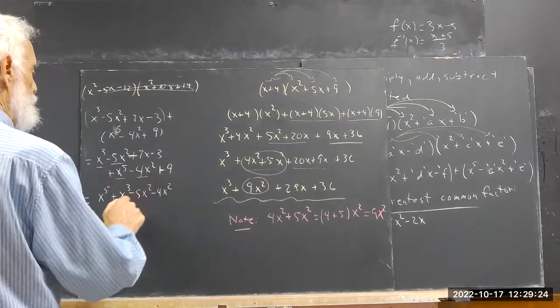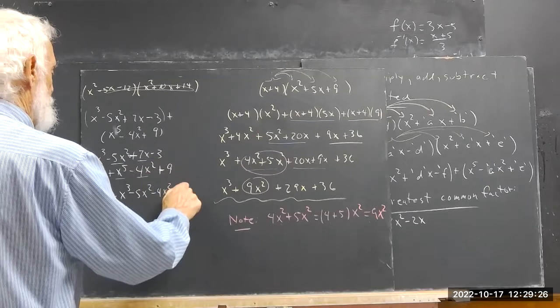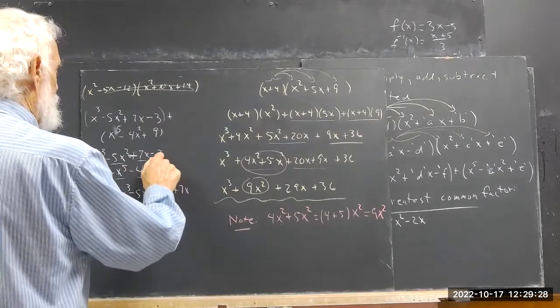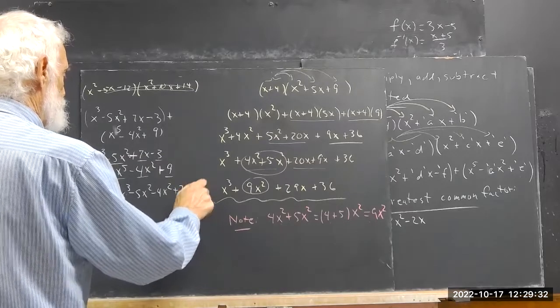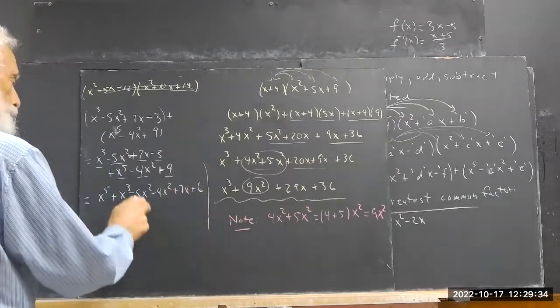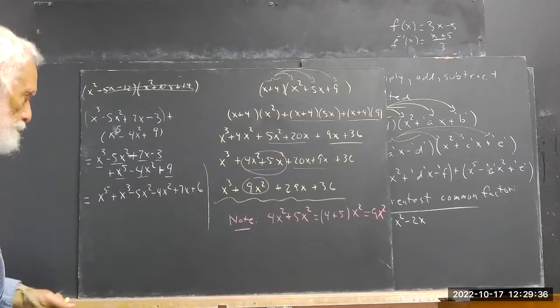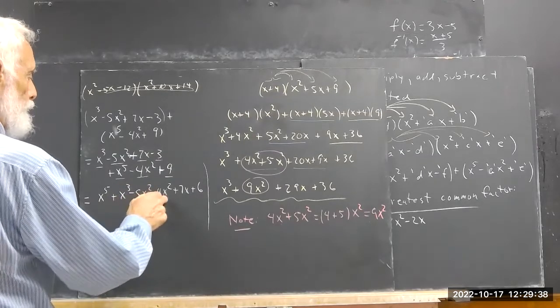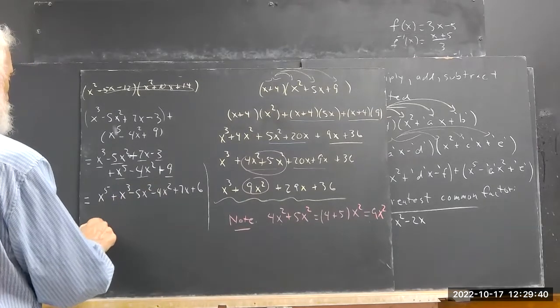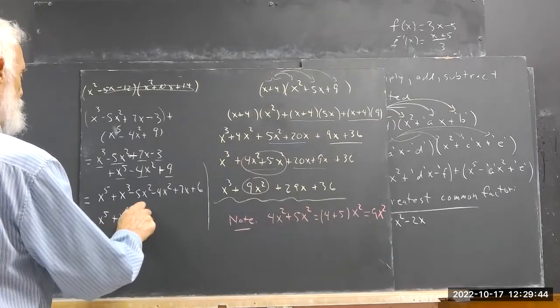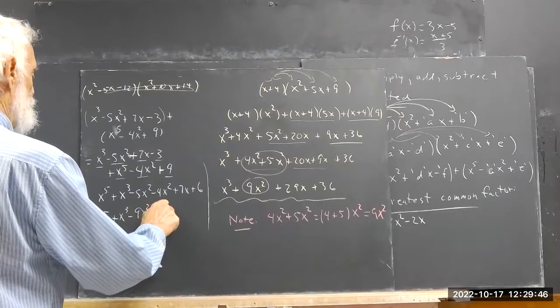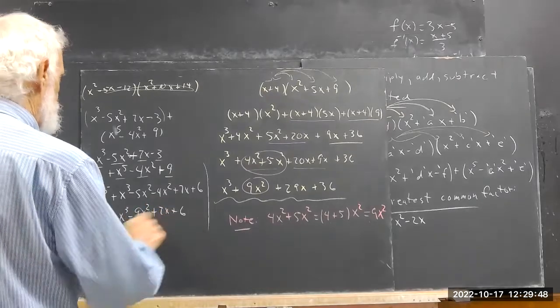And we have a 7x. And we have a minus 3 plus 9, and of course that adds up to plus 6. Now, the only terms we can combine are the -5x squared and the -4x squared. So we've got x to the 5th plus x cubed minus 9x squared plus 7x plus 6.